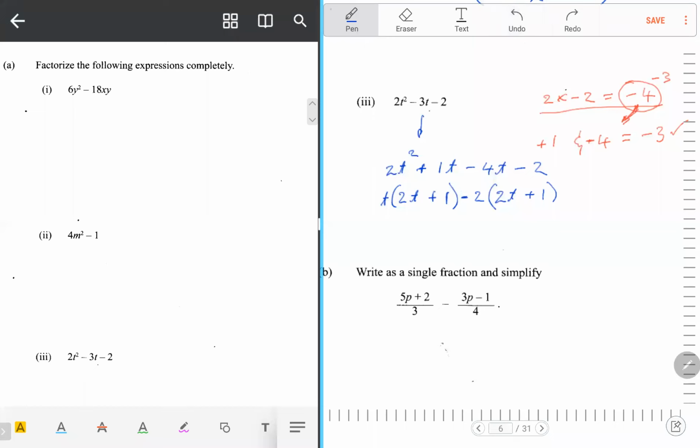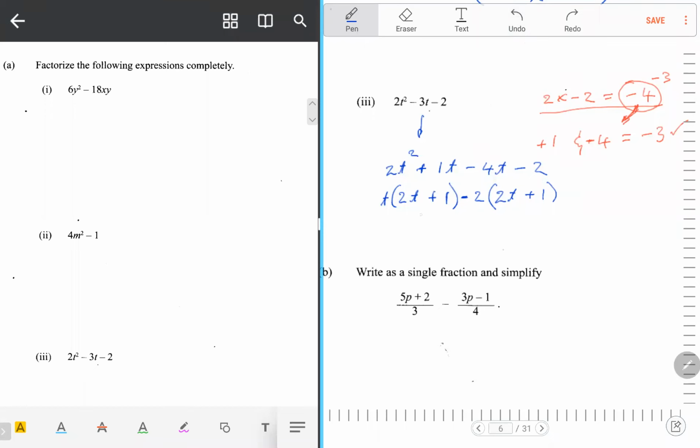But that's going to dictate what goes in your bracket. And what you normally do is just double check the factorization. So negative 2 times 2t gives you the minus 4t, which is good. And then negative 2 times 1 gives a negative 2, which is also good. So I always make that little check to make sure that everything is okay.